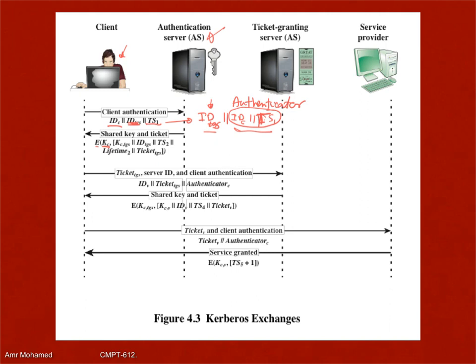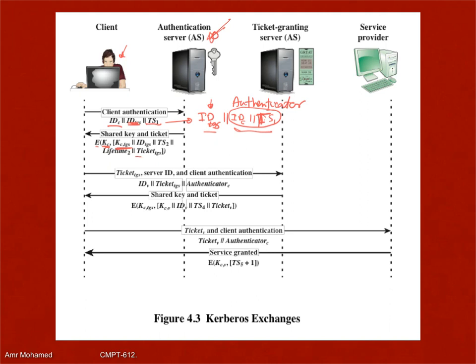A session key. So the authentication server will respond with a message which is encrypted with a key that's based on the password. This message will contain the session key, KCTGS, which means a shared key between the client and the TGS server. This is the shared key.